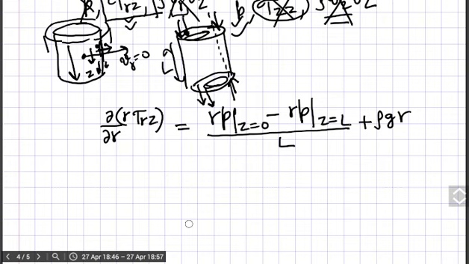Now you can see that this quantity r tau rz is changing with r. This is your z direction and this is your r direction, outwardly. Different stress will be here, different stress here, and different stress here.